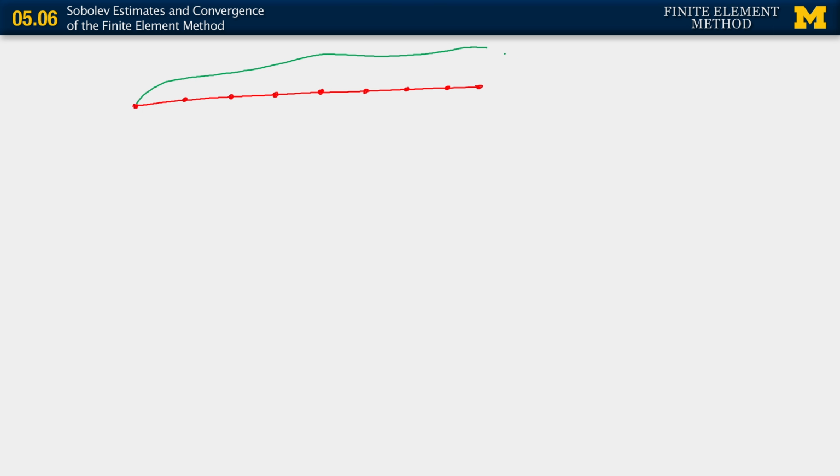Right, this is our exact solution, and what we're talking of doing here is the following. We are talking of looking at these nodal points and identifying the value of the exact solution at the nodes. Okay, and then we're talking of, so this is u, the exact solution.